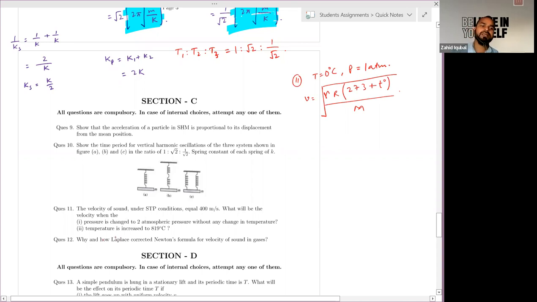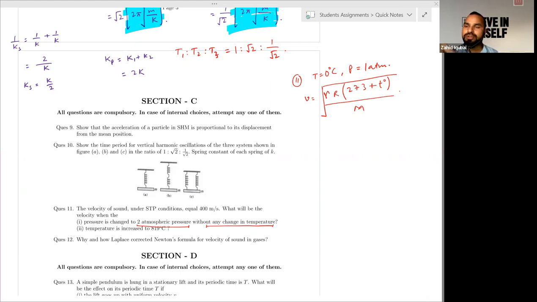So the first question is, what will be the velocity when pressure is changed to 2 atmospheric pressure without changing its temperature? I defined for you the factors affecting velocity of sound. If you are asked to define its dependency on pressure, just check the process.